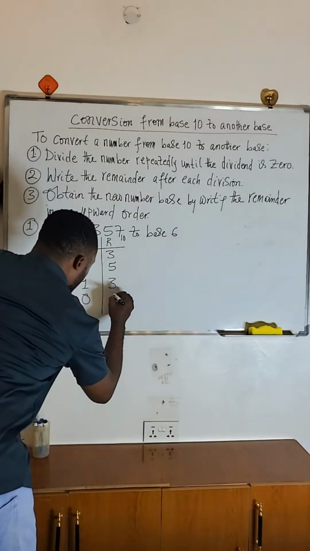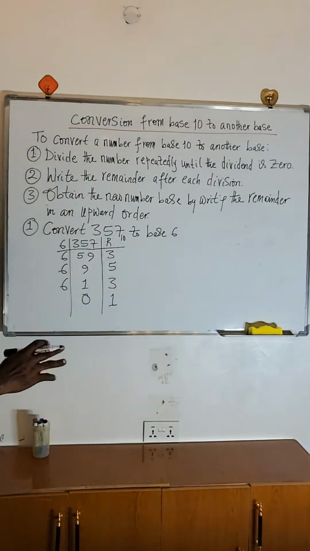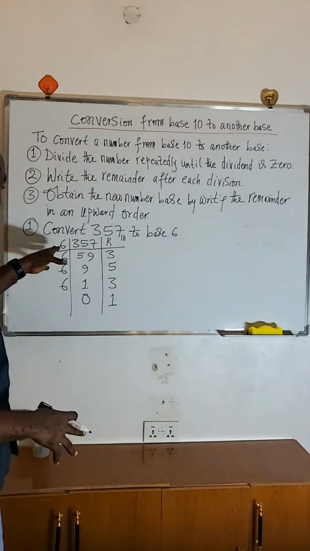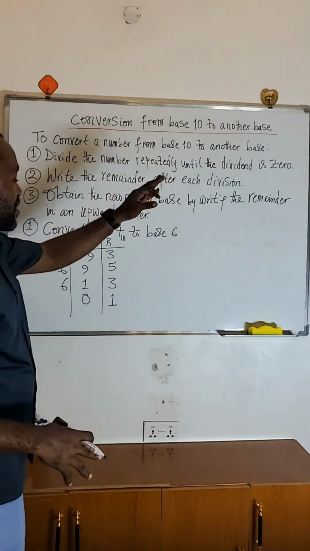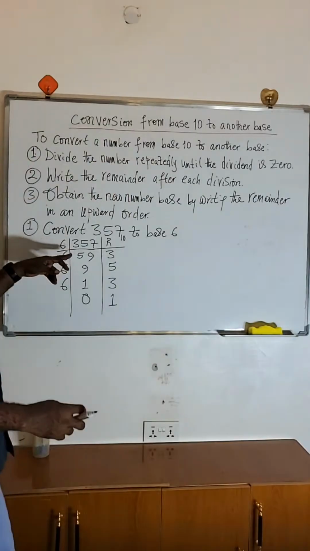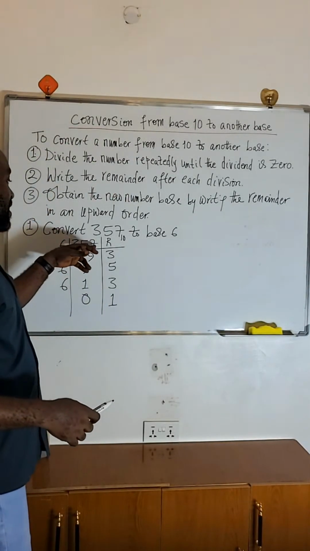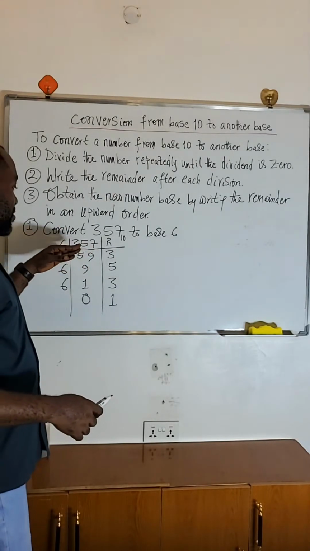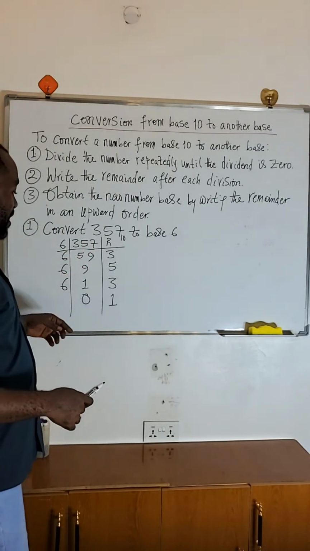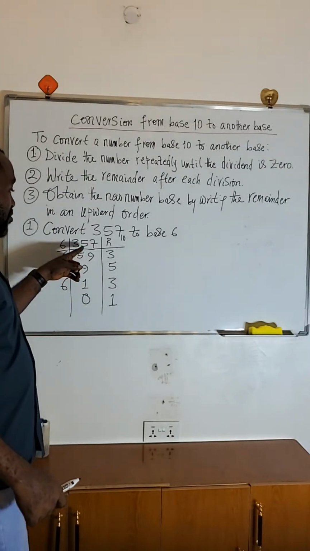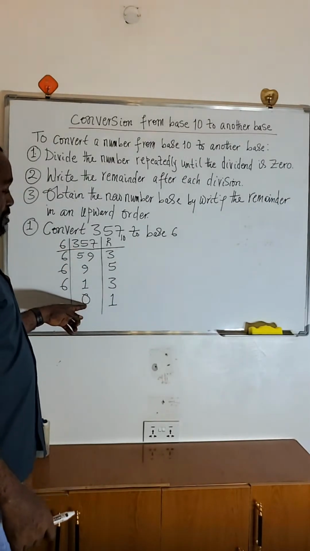Okay. So this is what this explanation was talking about. You can see how we have been able to divide this 357 in base 10 repeatedly until the dividend becomes 0.